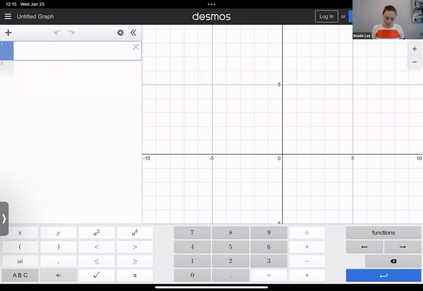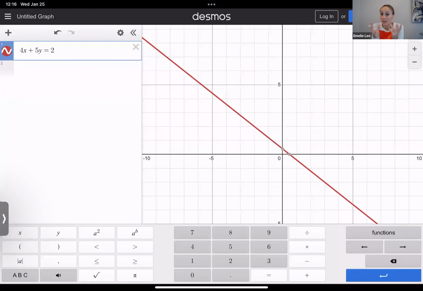So what I'm going to do is take that equation that we were given initially, and say 4x plus 5y is equal to 2, exactly as it was given. Some things that were given here are 2 points, and this is just Desmos saying, hey, here are 2 points that you might be interested in.